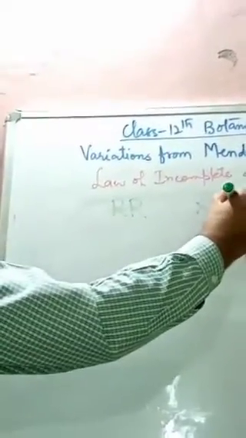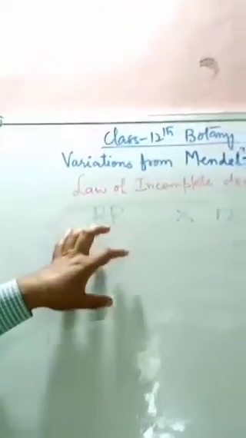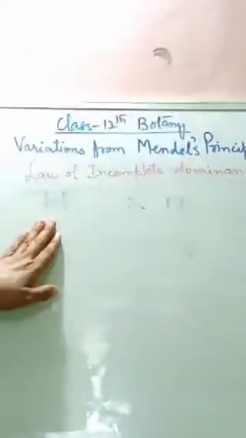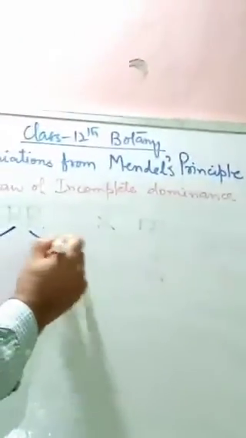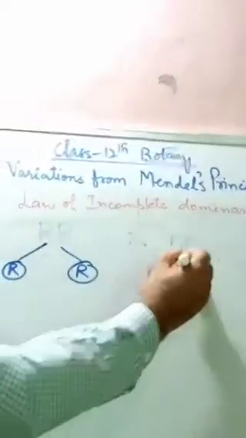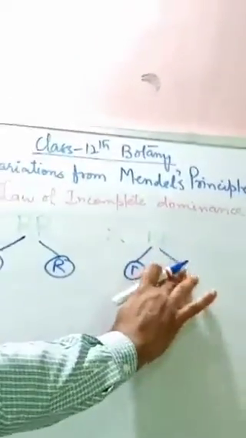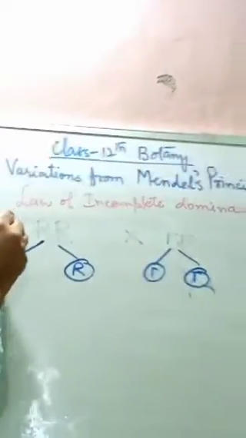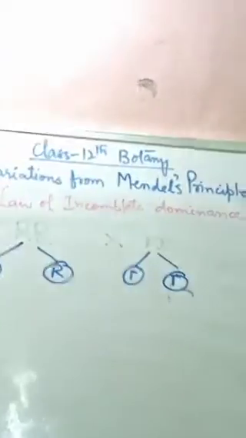So we have taken these two plants, the homozygous dominant plant, red, and the homozygous recessive plant, white. The gametes will be R and small r. These are the parents, these are the gametes.